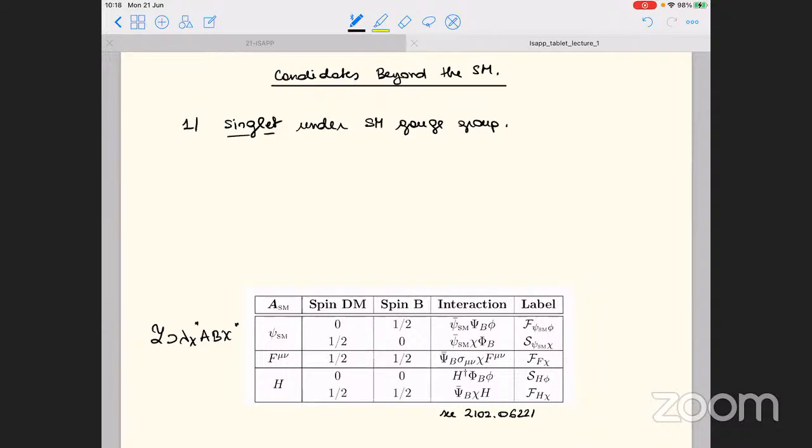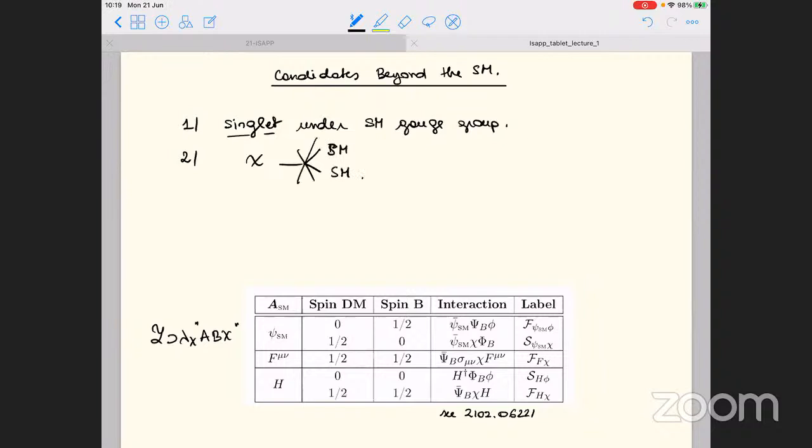The second assumption, associated with the fact that dark matter should be stable on the time scale of the age of the universe, is that there is a symmetry that protects my dark matter from decaying directly into the standard model. So essentially what I do not want is chi going to standard model. This I do not want.